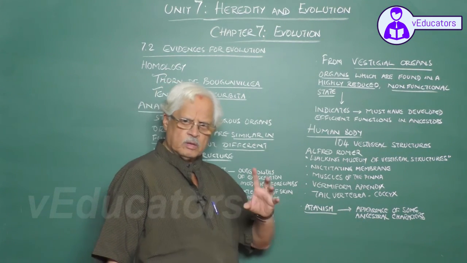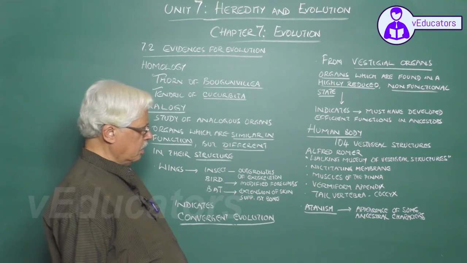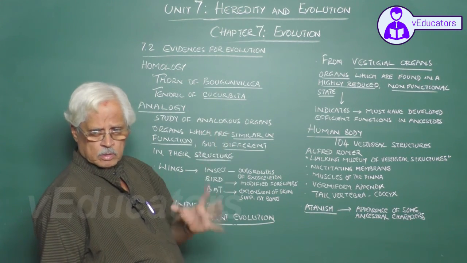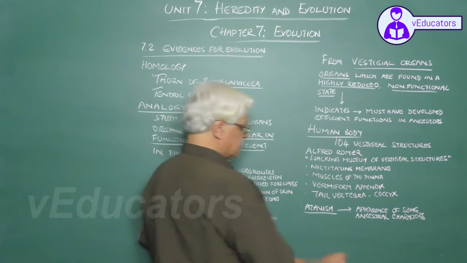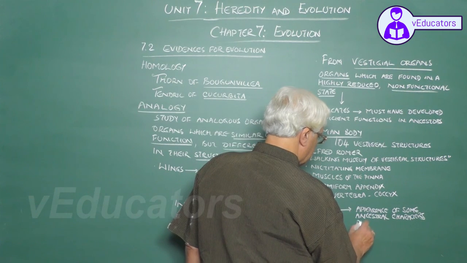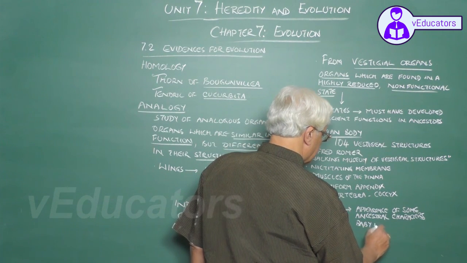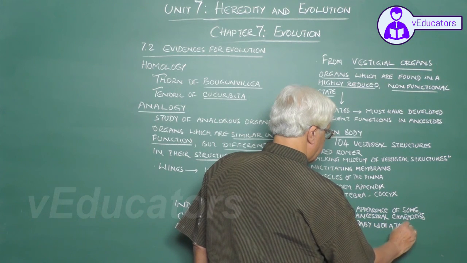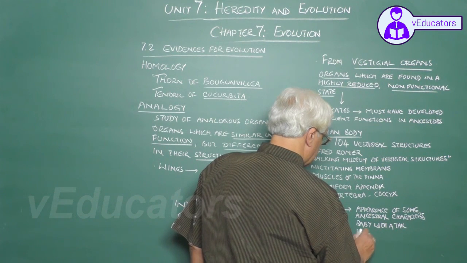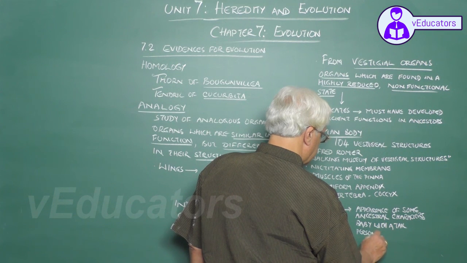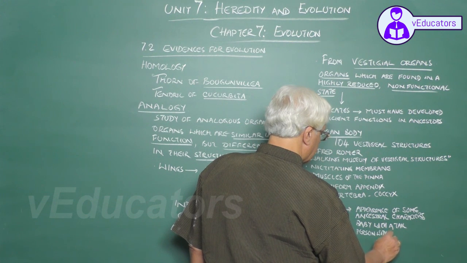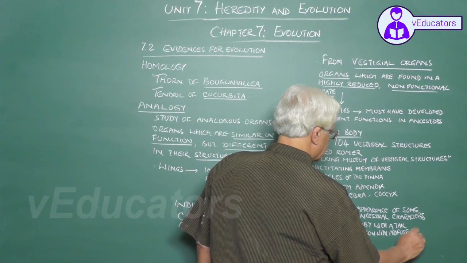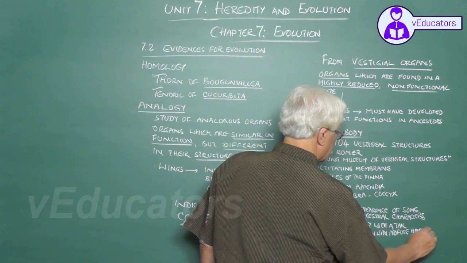A person may be born with a large canine, or a person may develop hairs on the face. So occasionally we see these situations: a baby with a tail, or a person with profuse hairs on the face.